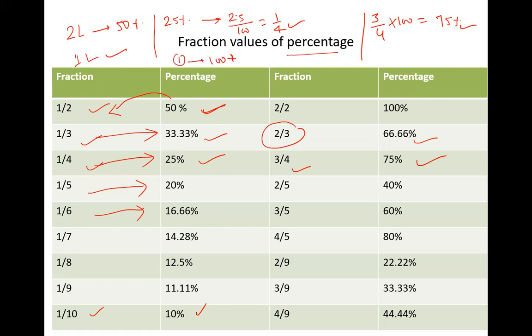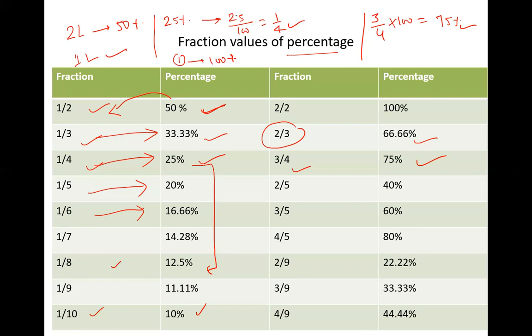Any number is a complete number, that is the 100% in itself. Okay. So what is the 1 upon 8? Just half of 1 upon 4. 12.5%. Right?